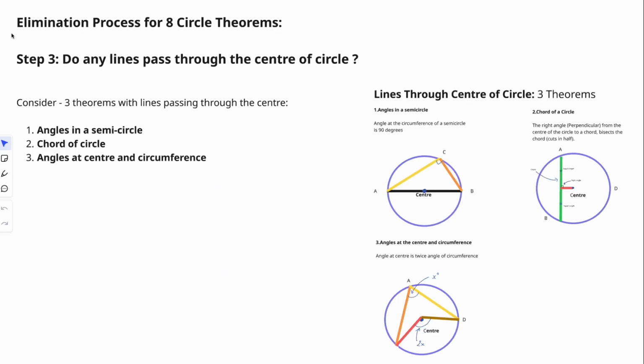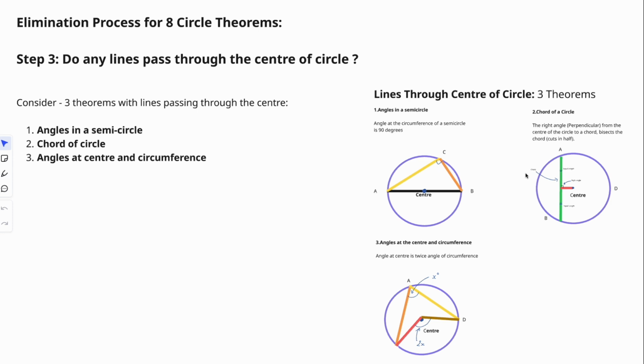The third elimination step is to ask yourself if there are any lines that pass through the center of the circle. If so, you then have 3 theorems to consider. The first is the angles in a semicircle, or half a circle, where the angle at the circumference is 90 degrees.